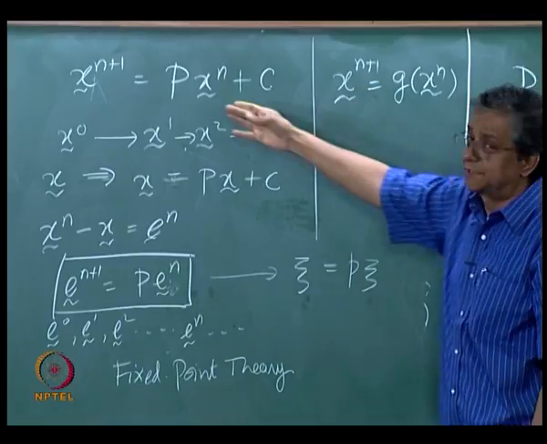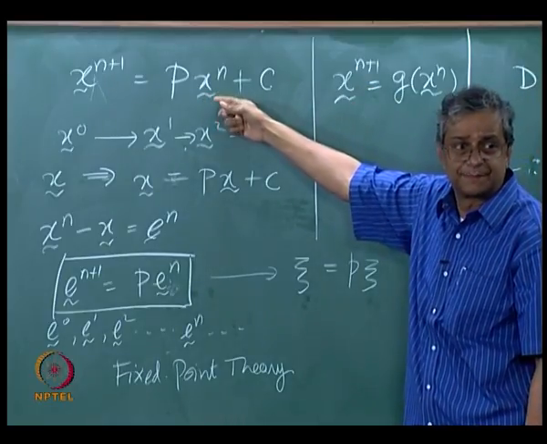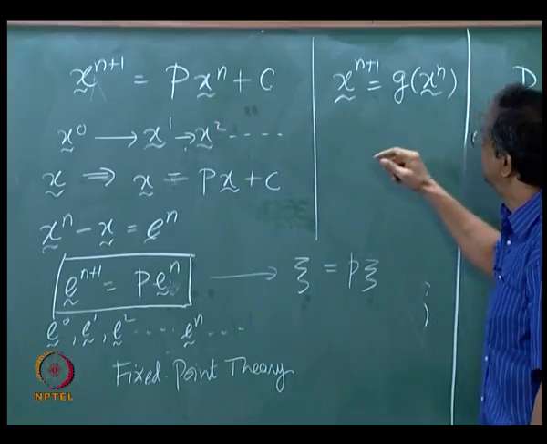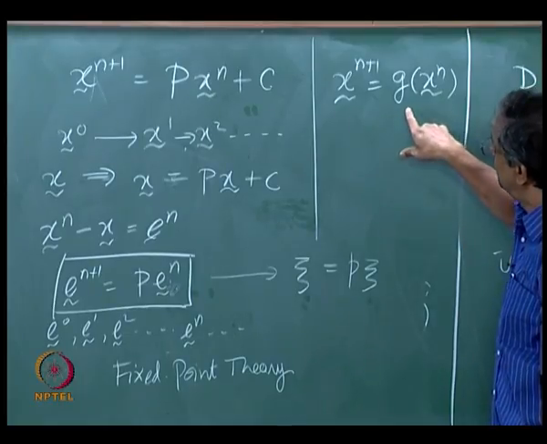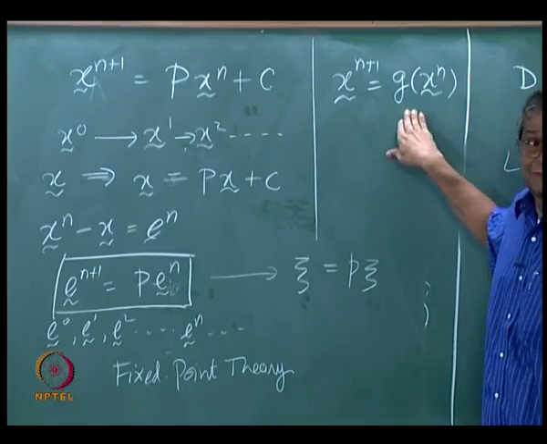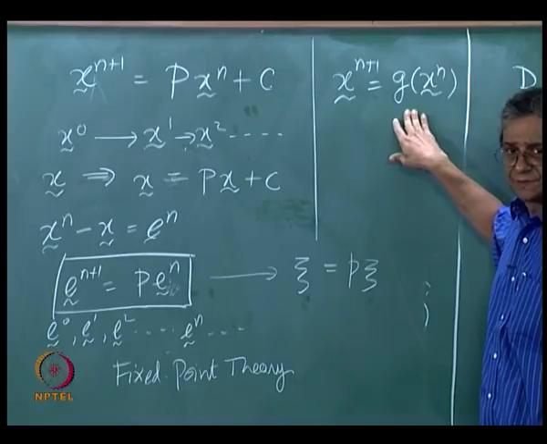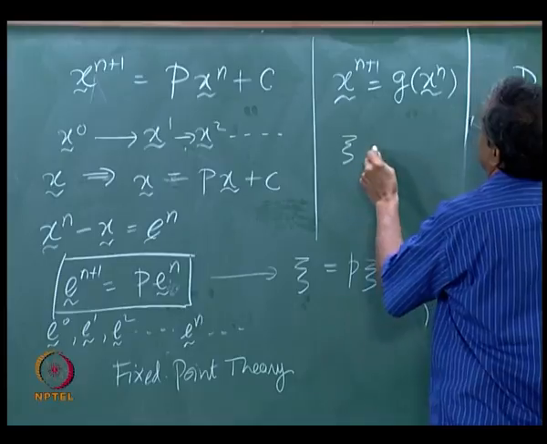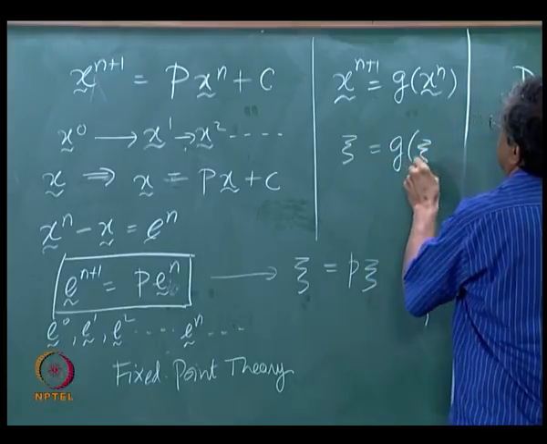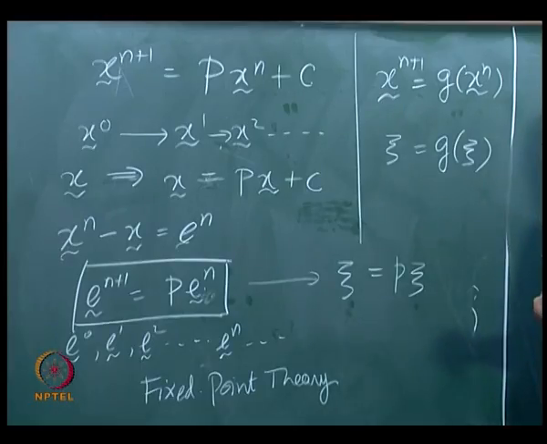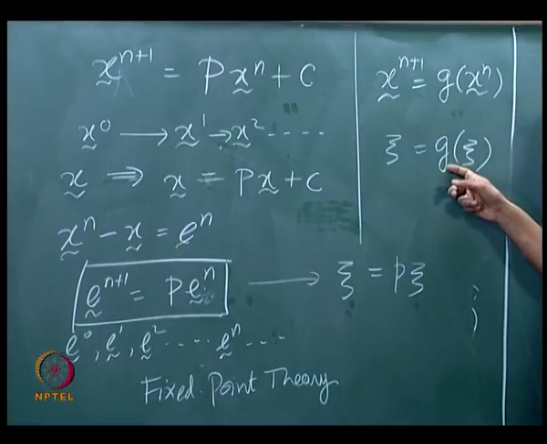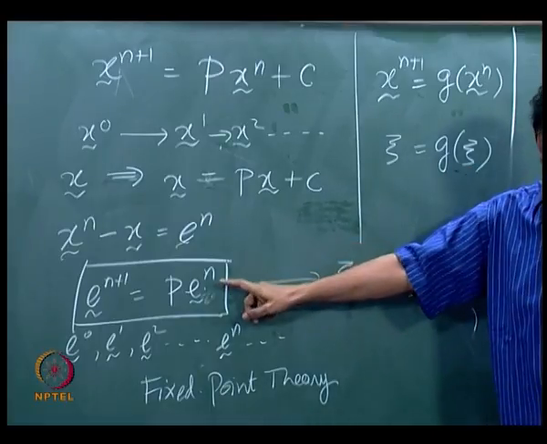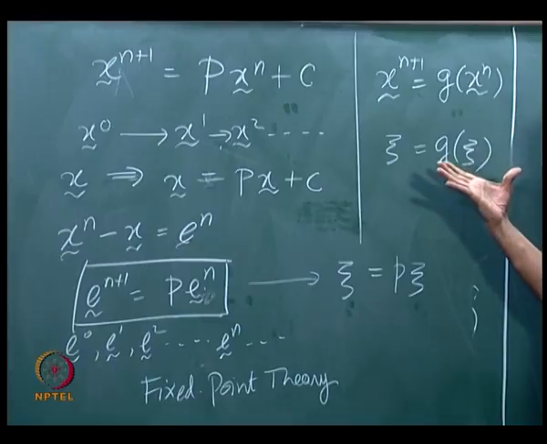And this is a particular case of that. So the question is, if you have something of this nature, when does it have a fixed point? That is, when will I have a psi so that psi equals g of psi? I am not going to talk about it in this general context, I will still talk about it only in this context, but I want you to see that. So that is a question that you can ask.